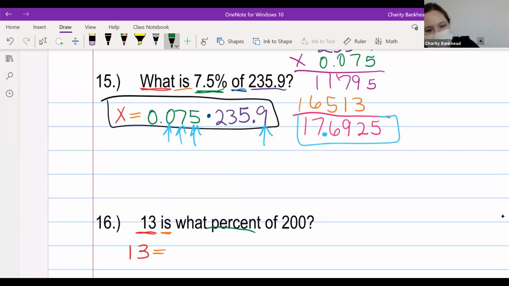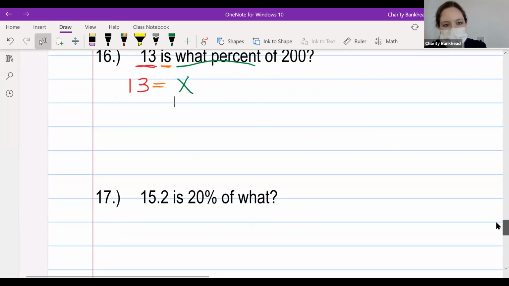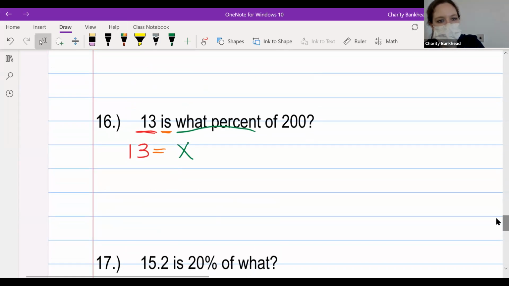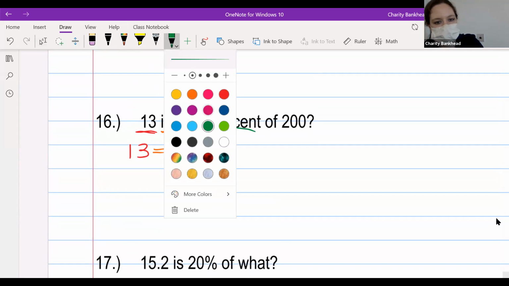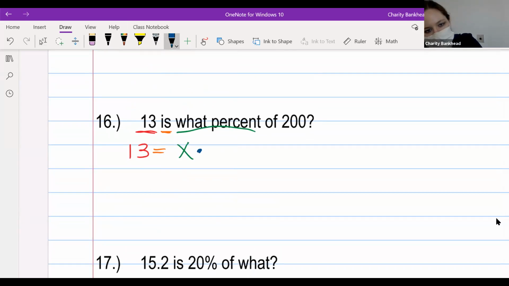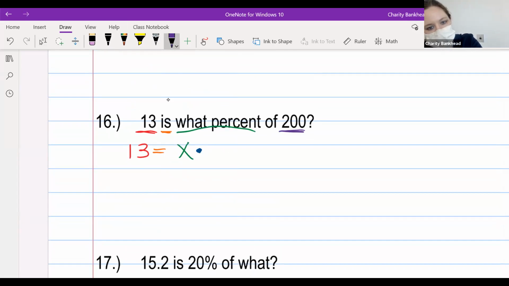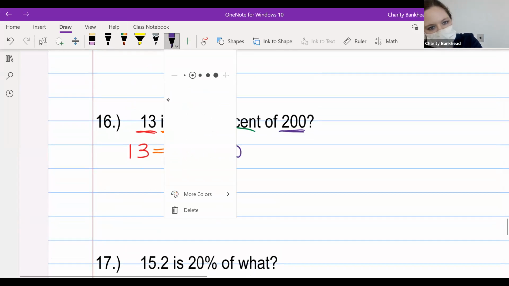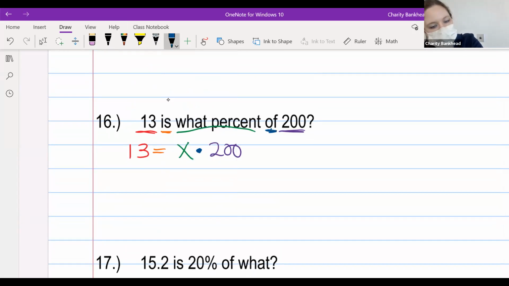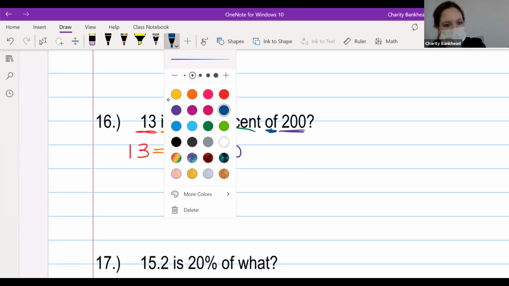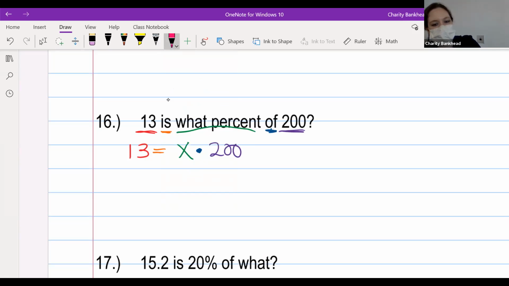So for that, I would just put X. And then of means multiply. So X times 200. So 13 equals X times 200. So that's the equation.